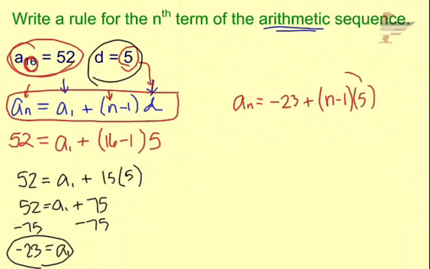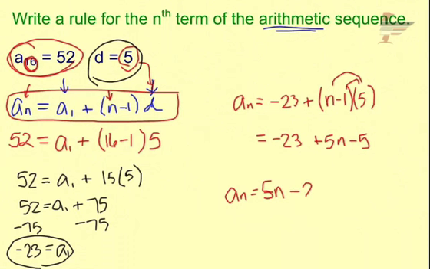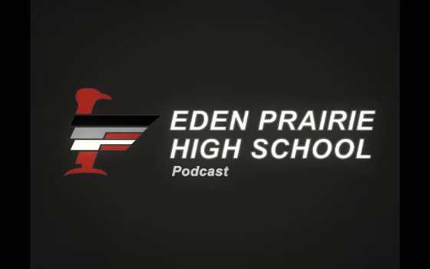And then we're going to clean it up. Negative 23 plus 5n minus 5. So a sub n equals 5n minus 28. And now we have the rule that will give us any term in the sequence.